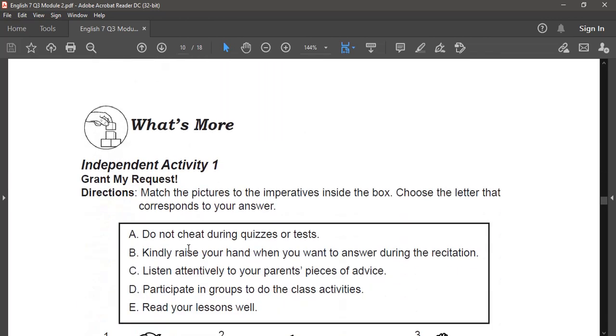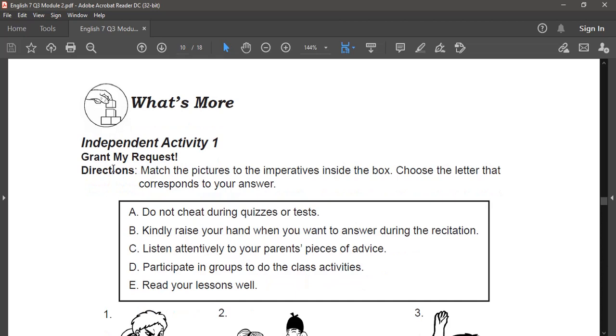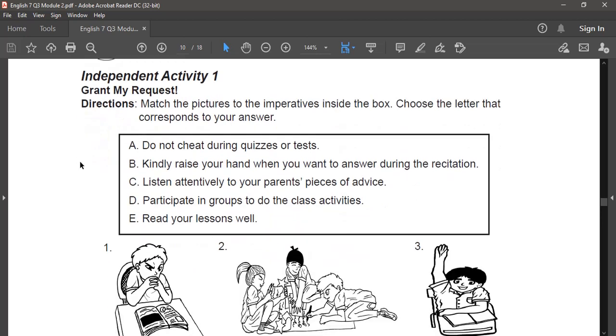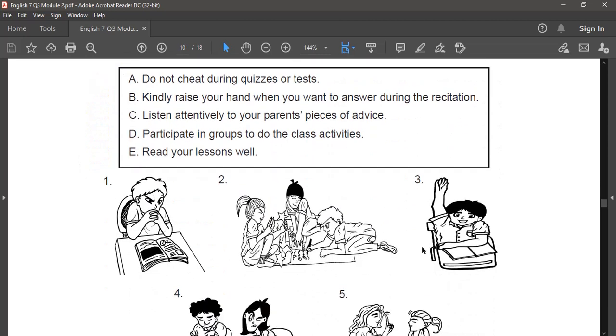So let us have this activity under what's more. I will be explaining to you what you are going to do. First, we have here independent activity number 1. It has pictures, scenarios in pictures. All you need to do is to identify what these people are doing or what the scenario is all about.